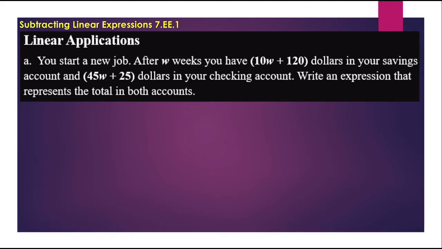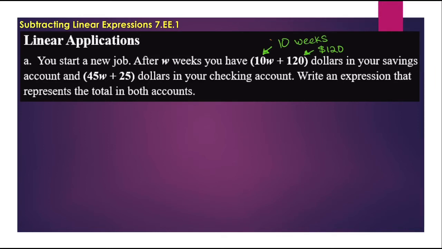Now, let me just analyze what that really means. 10W. What's that 10W mean? That means 10 weeks. What does 120 mean? Well, it probably means 120. But $120, what?